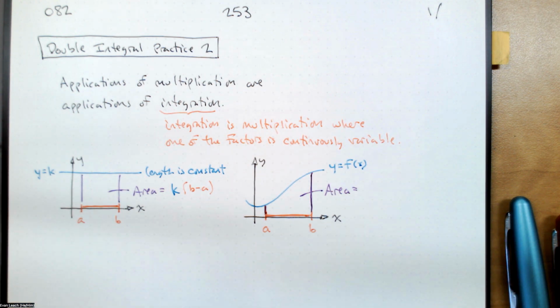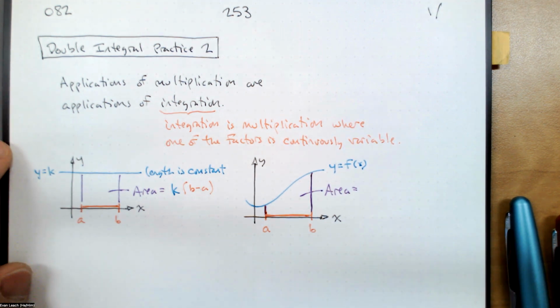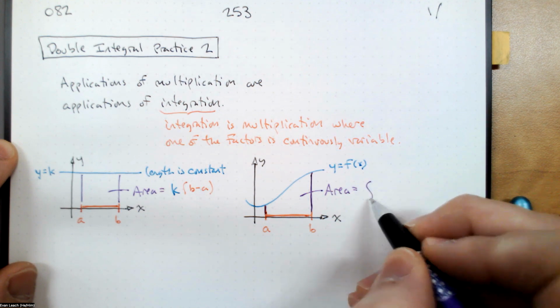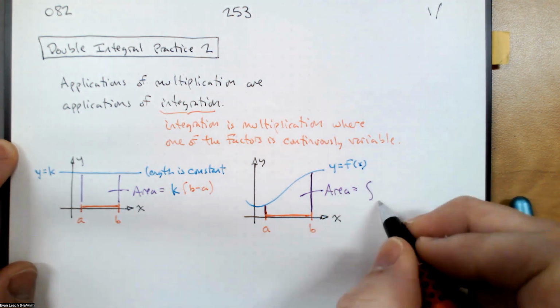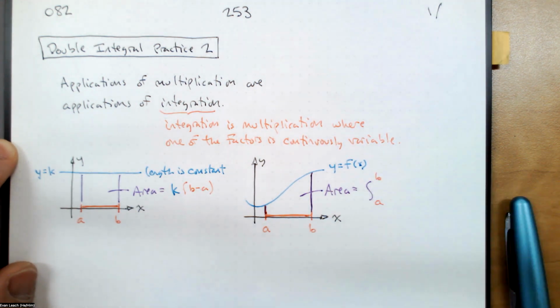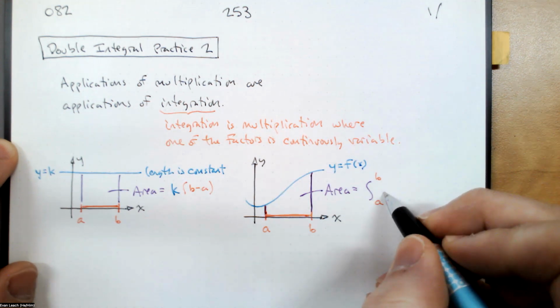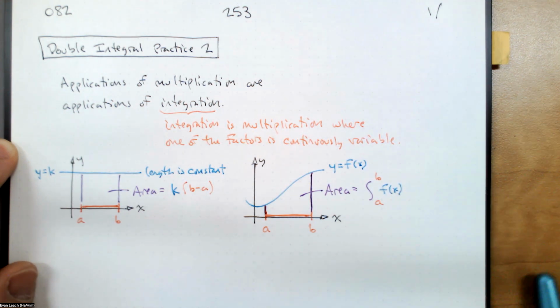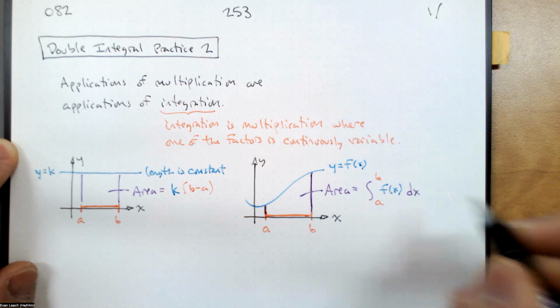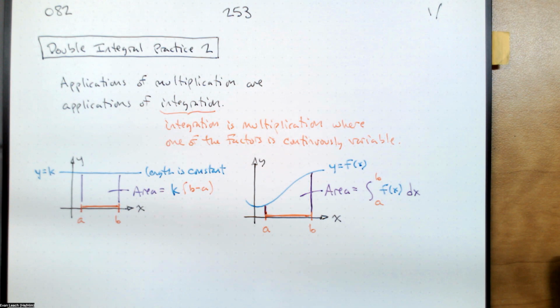In the second picture, the length is continuously variable, and this turns into an integration problem. Instead of just multiplying, we integrate from A to B. The length dx. In both cases, we have area is equal to length times width.